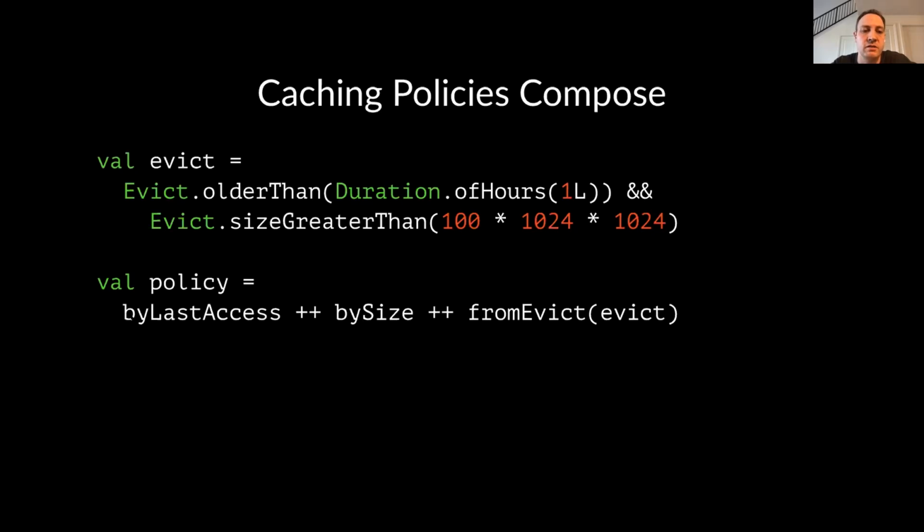So we want to keep the entries that have been accessed most recently. If two entries happen to have been accessed at the same time, let's keep the larger one. And then let's make sure we kick out any entry that's older than an hour and larger than 10 megabytes. And we can combine each of these with this plus plus, and they combine in that very logical way of we're going to order by this and then order by that. And our eviction policy is always going to take priority.